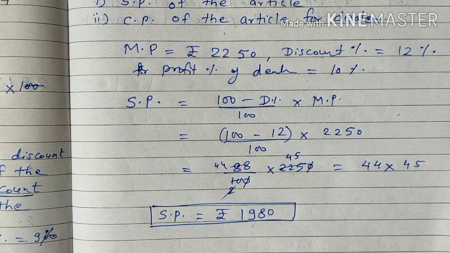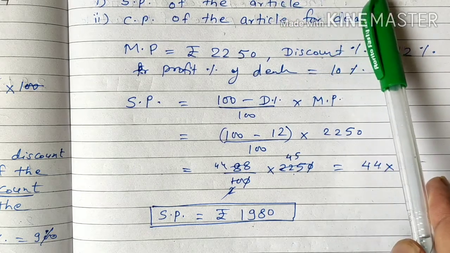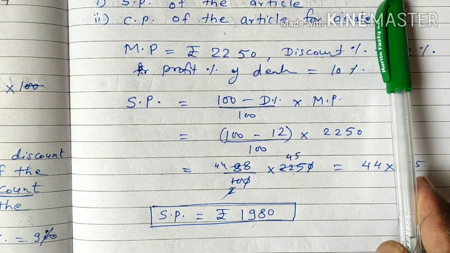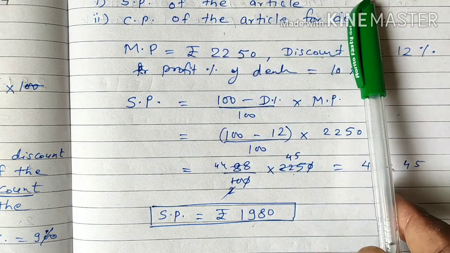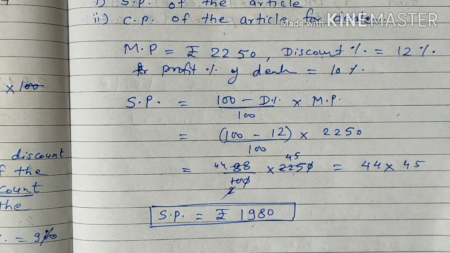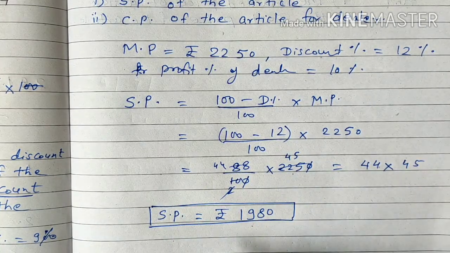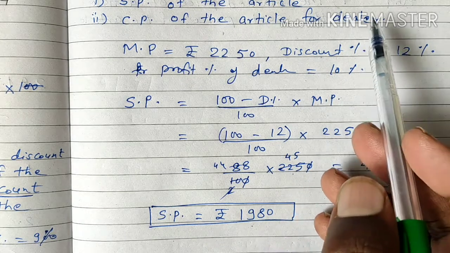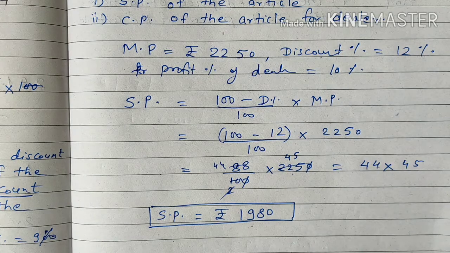Then we also want to find the cost price of the article, given a profit of 10%. It means on the selling price there is a profit of 10%. So let us solve this. CP of the article for a dealer, when profit percent is given to us.